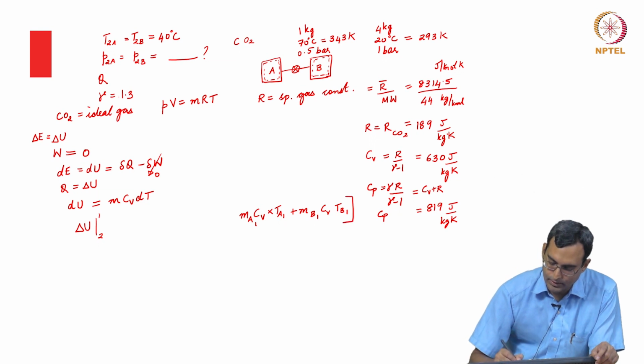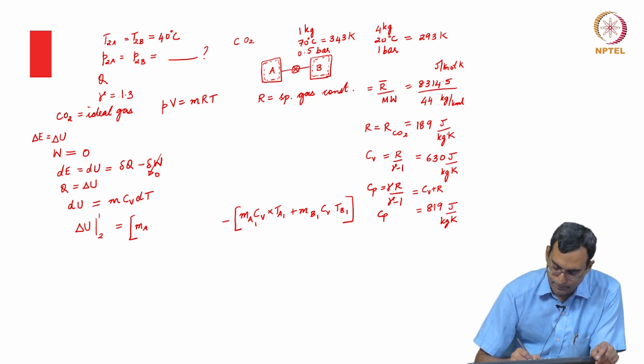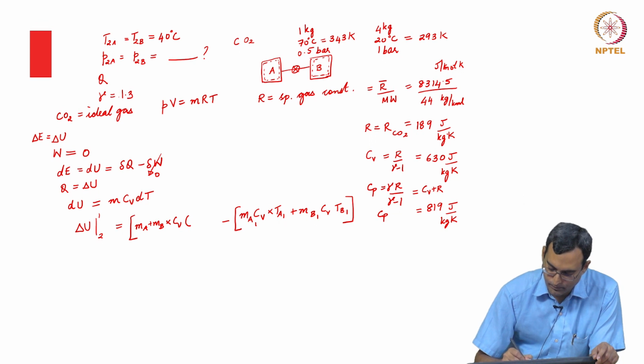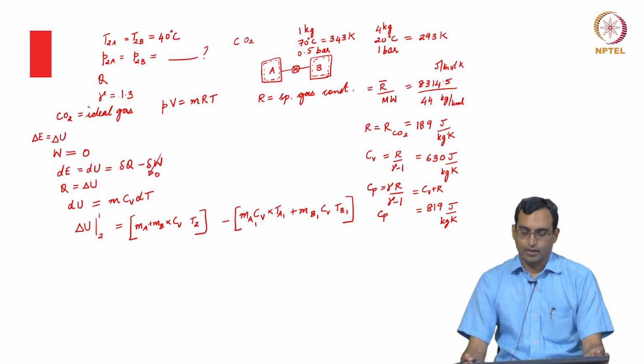This is the initial internal energy, and the final internal energy I am going to call T final, or actually we are already calling it T2. So, this is the change in internal energy which we are looking for.